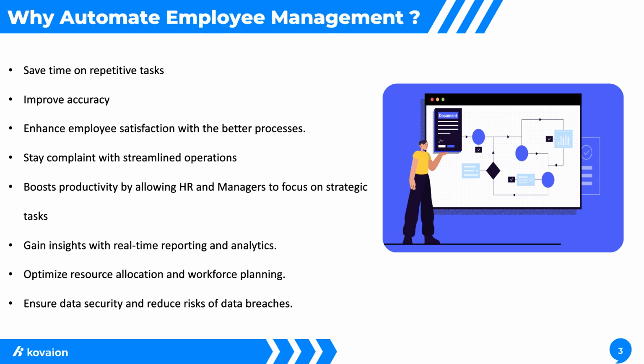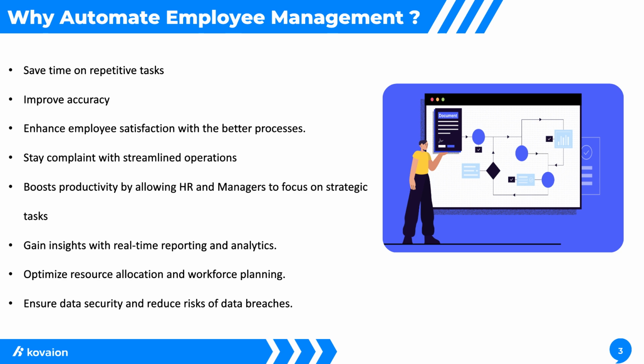Beyond these immediate benefits, automation empowers organizations to stay compliant by streamlining operations and keeping all documentation in order. It also boosts overall productivity, freeing up HR teams and managers to focus on more strategic and high impact tasks. With an automated system, you gain access to real-time data and analytics, enabling better decision making and workforce planning.